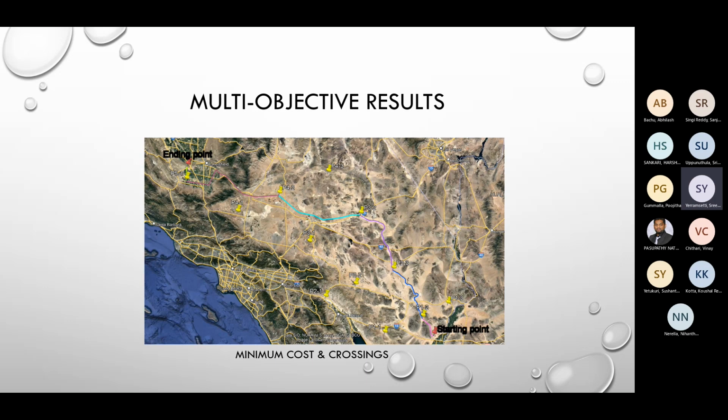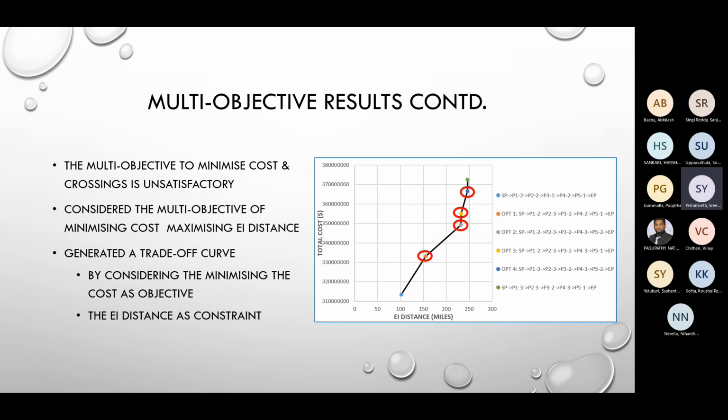Initially, the multi-objective was to consider minimum cost and minimum crossings, but the results were unsatisfactory as there was only one optimum route in this case. Then the objective was changed to minimizing the cost and maximizing the environmental impact distance.